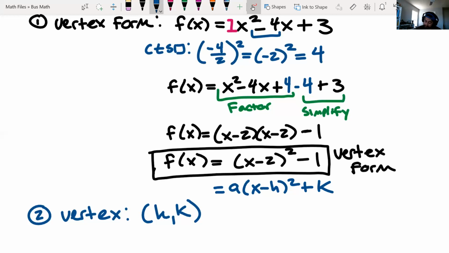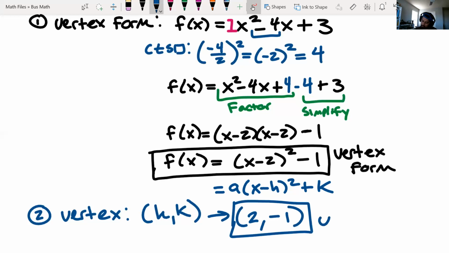So when we state this vertex, it says x minus 2. So whenever you state the x value, it's always going to be opposite. So when I state my vertex, it's going to be 2, comma, and the k value will always stay the same. So the k will be -1. There's our vertex.